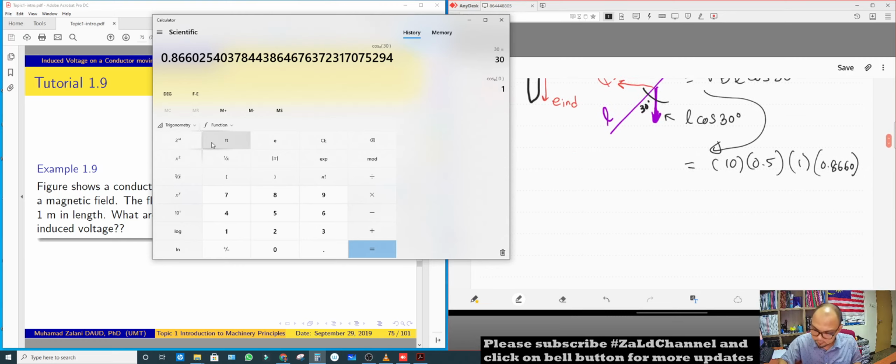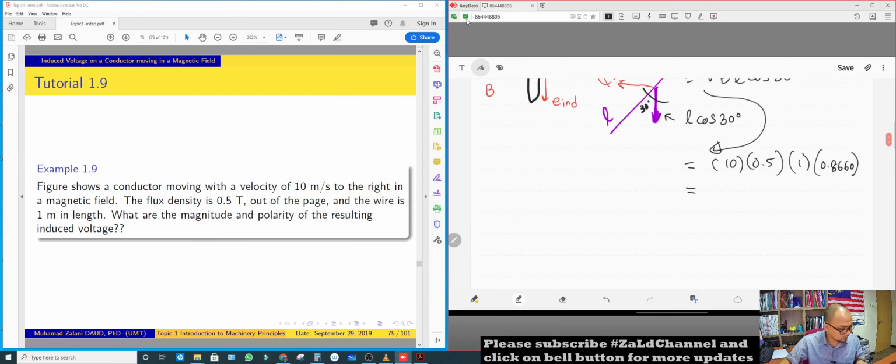Okay, so we further calculate this. We get 4.33 volt.